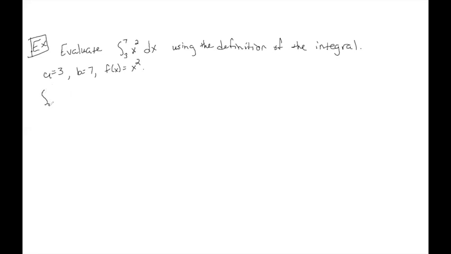All right, so writing out my definition, this integral is equal to the limit as n goes to infinity of b minus a, which is 4 over n, times the sum i equals 1 to n of f of 3 plus 4i over n. 4 over n is my delta x, and I multiply that by i.